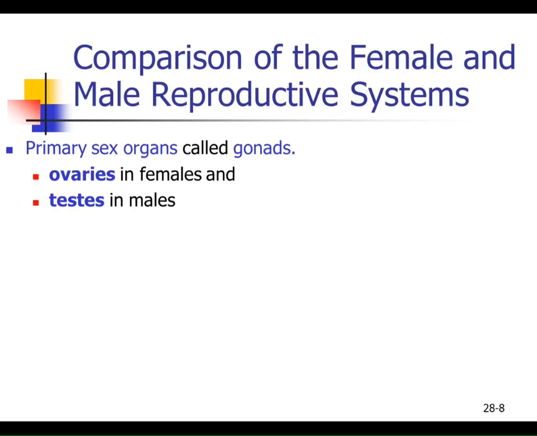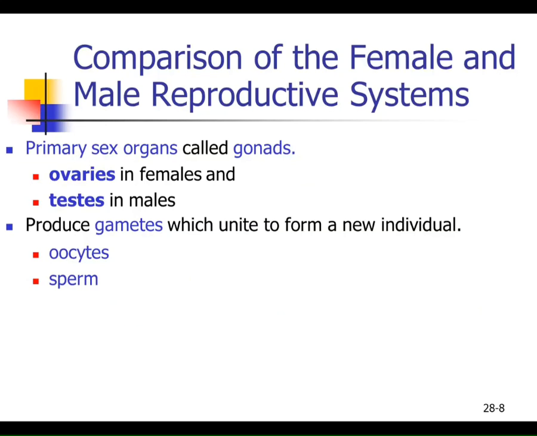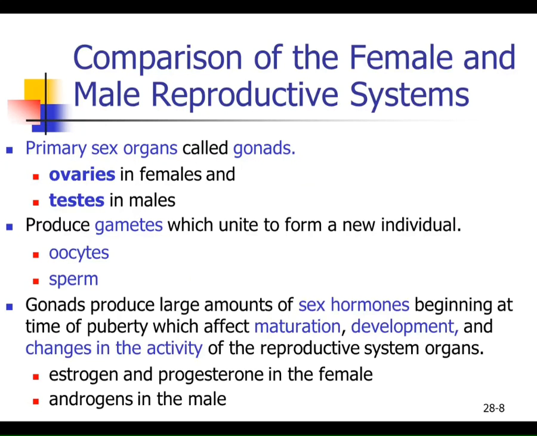So again, the primary sex organs are the gonads, the ovaries or the testes, and these gonads are going to produce the gametes, the egg and sperm, or the oocyte and sperm. You'll see 3 words for egg. You'll see egg, you'll see ova or ovum, and you'll see oocyte, and they really are all equivalent for our purposes.